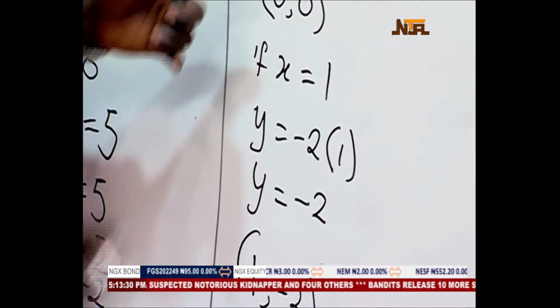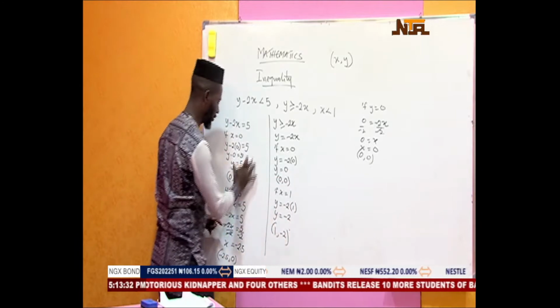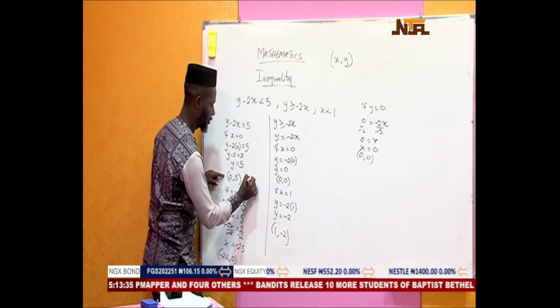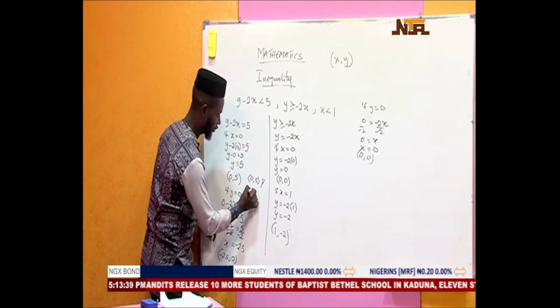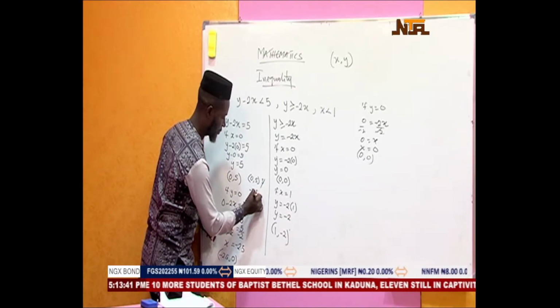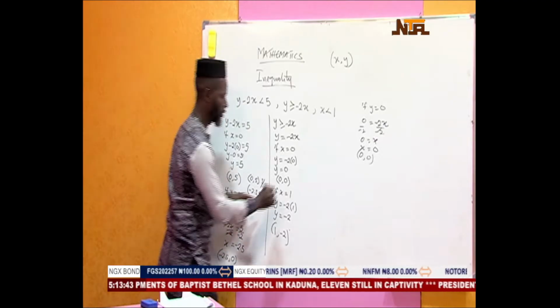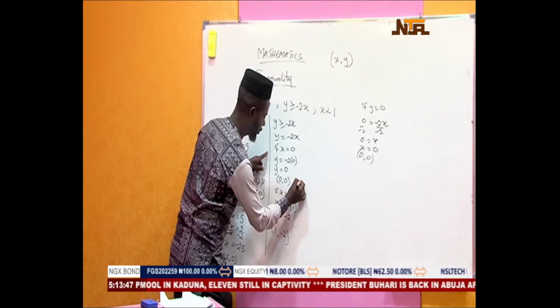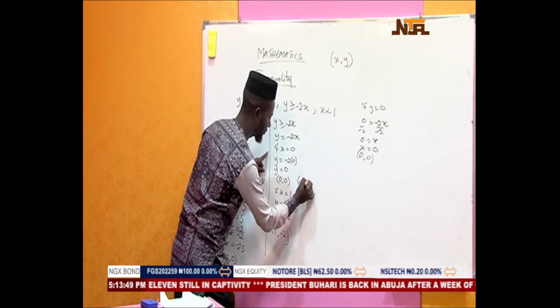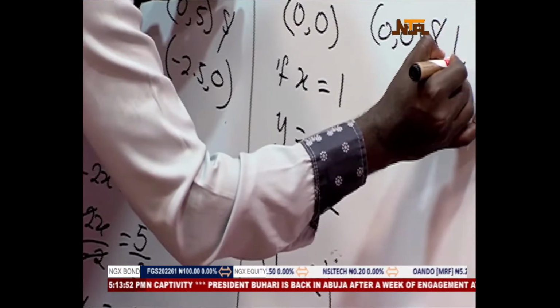Now we have the normal coordinates. For the first graph, we have 2 coordinates, which are 0 comma 5 and minus 2.5 comma 0. For this graph, we have 0 comma 0 and 1 comma minus 2.